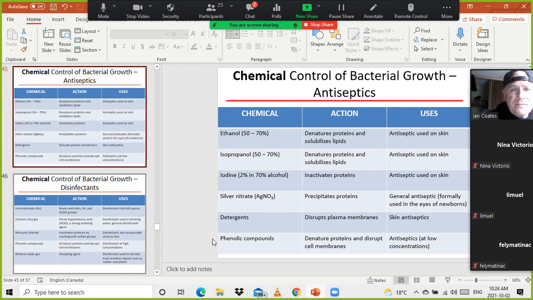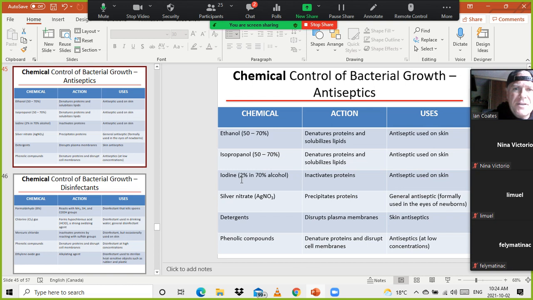And here are some chemical agents. Ethanol 50 to 70%, that's what we were just talking about. Isopropanol is rubbing alcohol, and it's about the same range. Antiseptic. Iodine, which I don't think we actually have a bottle of.